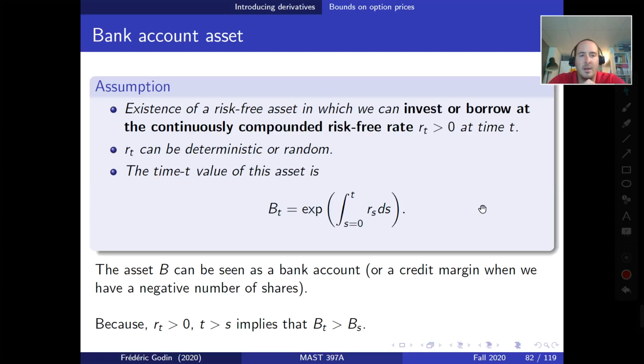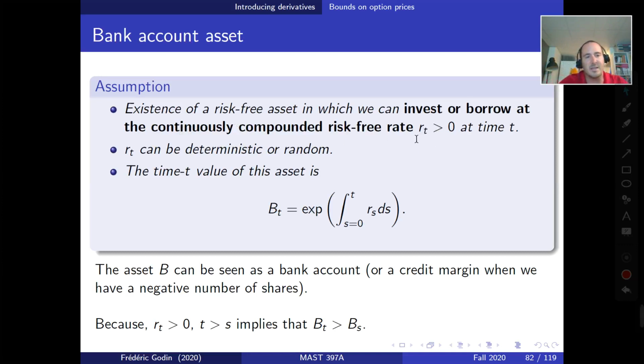Okay, an assumption we're going to make here is that it's always possible to borrow money or lend money at the risk-free rate. So we're going to assume the existence of what we call a risk-free asset, which is equivalent to having the ability at all times to borrow or invest at the continuously compounded risk-free rate r_t.